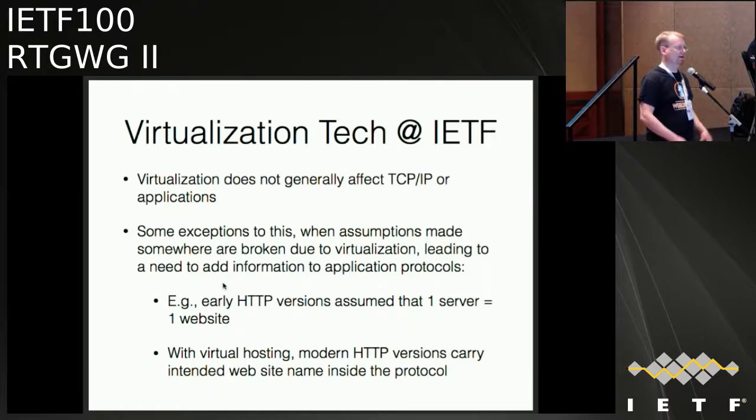Then typically there will be a need to add some information to some protocol somewhere to resolve the broken assumption. An example is that early HTTP versions assume that one server equals one website. That's obviously inconvenient for many reasons. So now we have virtual hosting, but as a result, in the application layer protocol you have to carry the intended website name inside the protocol.